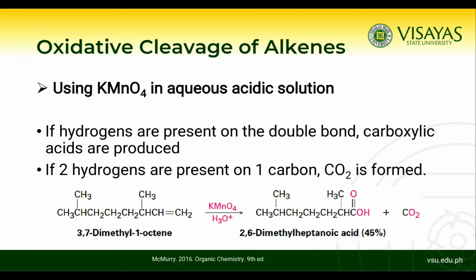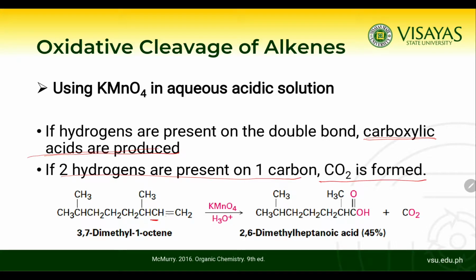But in potassium permanganate, if hydrogens are present, carboxylic acids ang ma-produce instead nga aldehyde. And if we have 2 hydrogens nga present, kung usa lang ka hydrogen ang present, mag-carboxylic acid. But if duha ka hydrogens present sa carbon sharing the double bond, then we form carbon dioxide.